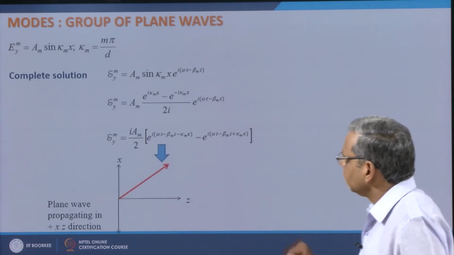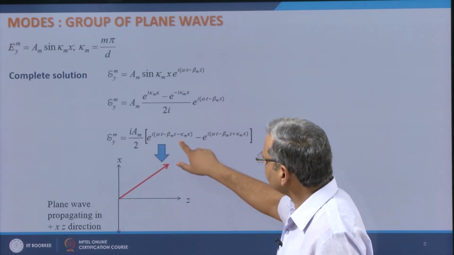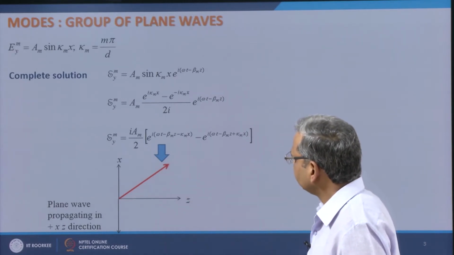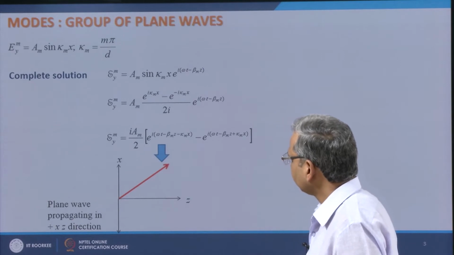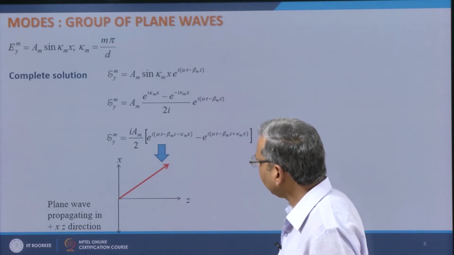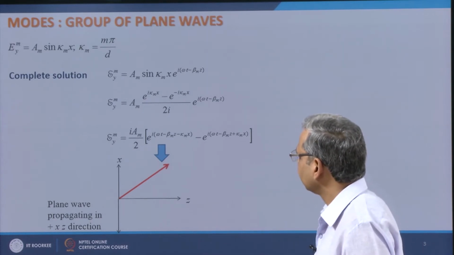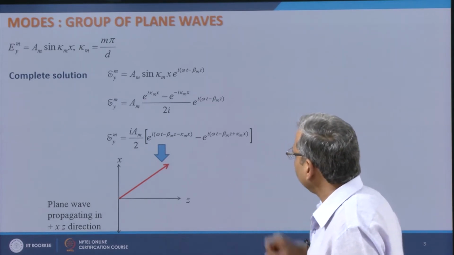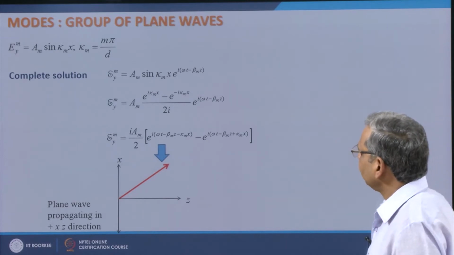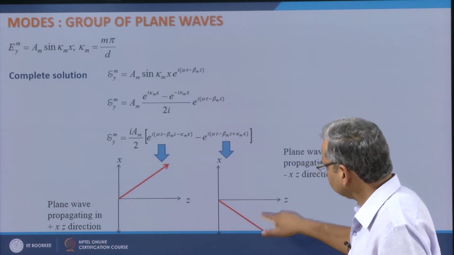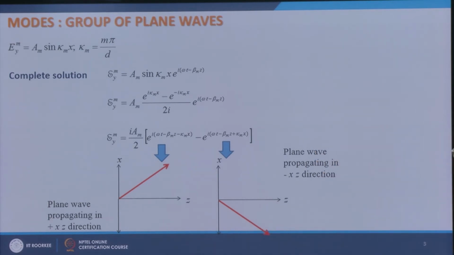This is a plane wave which is moving in the xz plane, making a certain angle from the z axis, and this is a plane wave which is moving in plus z, minus x direction.